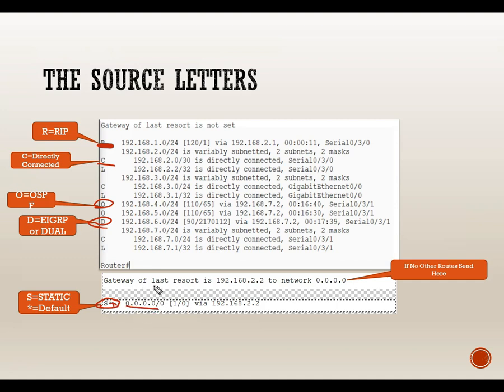The default route, gateway of last resort, is 192.168.2.2, which is this one down here, to network 0.0.0.0. No other routes to send here. This is every network, because if we have an unknown and we have a gateway of last resort or a default route, then we send it to that interface.